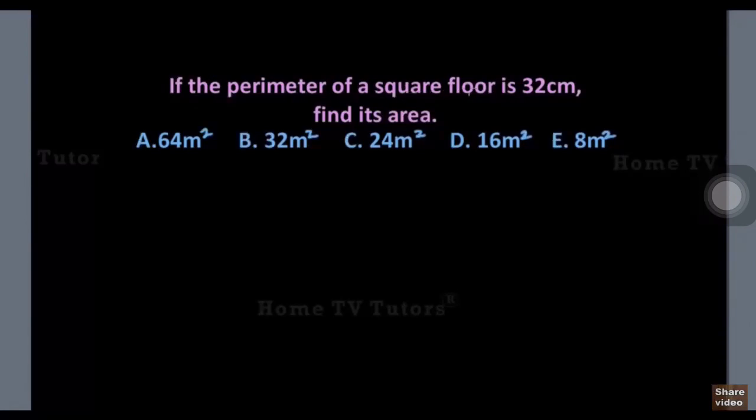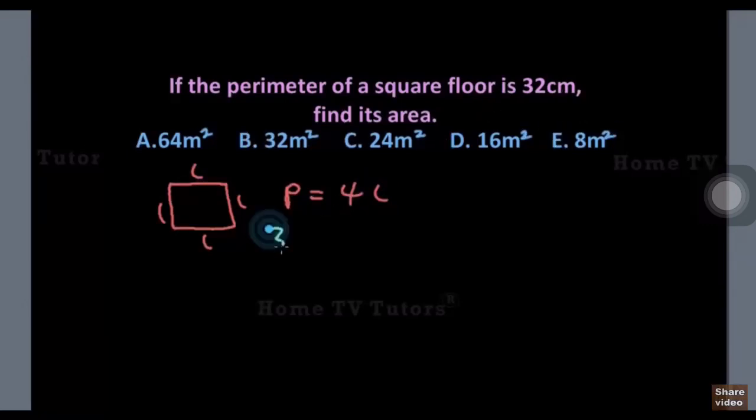If the perimeter of a square floor is 32 centimeters, find its area. Perimeter means the addition of the sides of a square, and the sides of a square are always equal, right? So to find out how many centimeters one side is, that's 32 divided by 4, which gives 8.